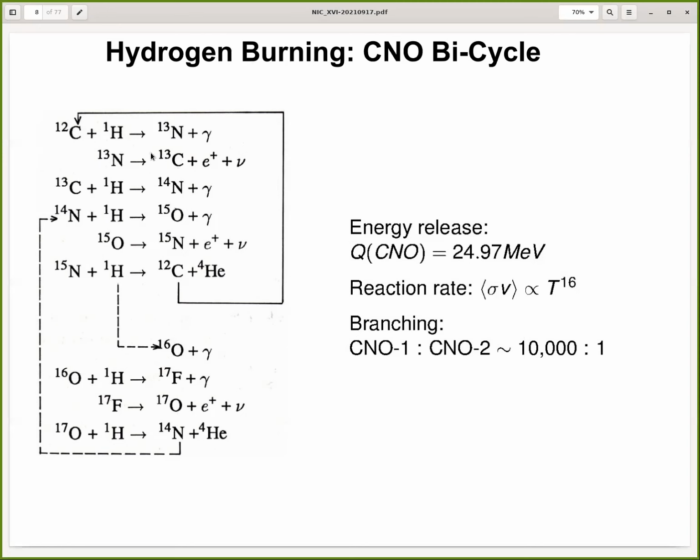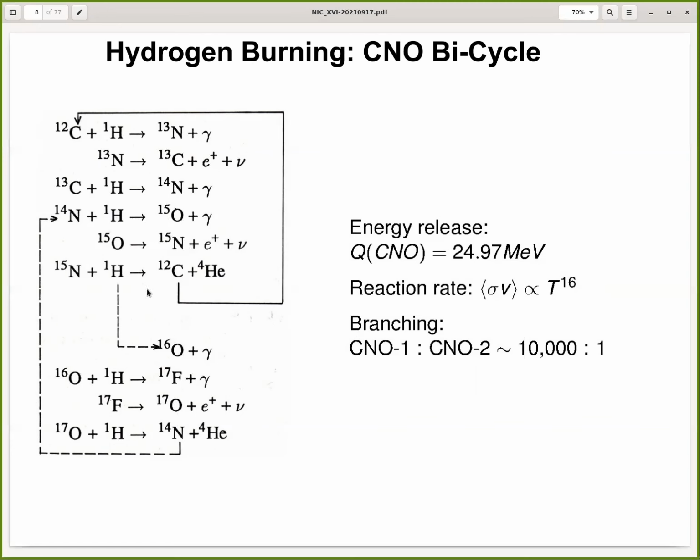Then that nitrogen-14 can capture another proton, making oxygen-15, which is radioactive and decays to nitrogen-15. And then this nitrogen-15 can capture another proton. And at that point, there is a potential branching, namely it can make a compound nucleus decaying, releasing an alpha particle. And this is where we want to get. And you make a carbon-12, and we are then back at the beginning of our cycle.